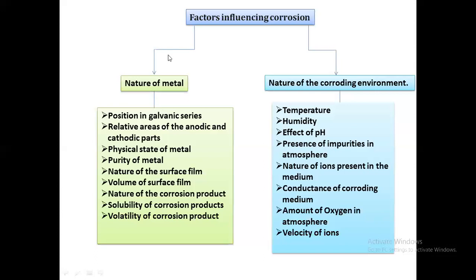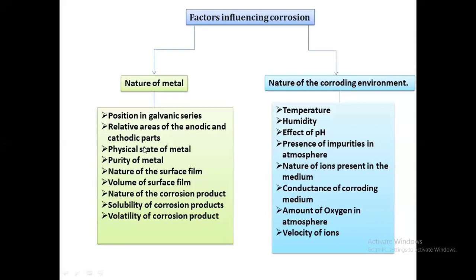It depends on the stability of that particular product, or else its porosity. Whether the layer formed is porous or non-porous will affect the corrosion. If the product is stable, adhered to the surface and non-porous, then it acts as a protective layer. If not, it acts as a non-protective layer.